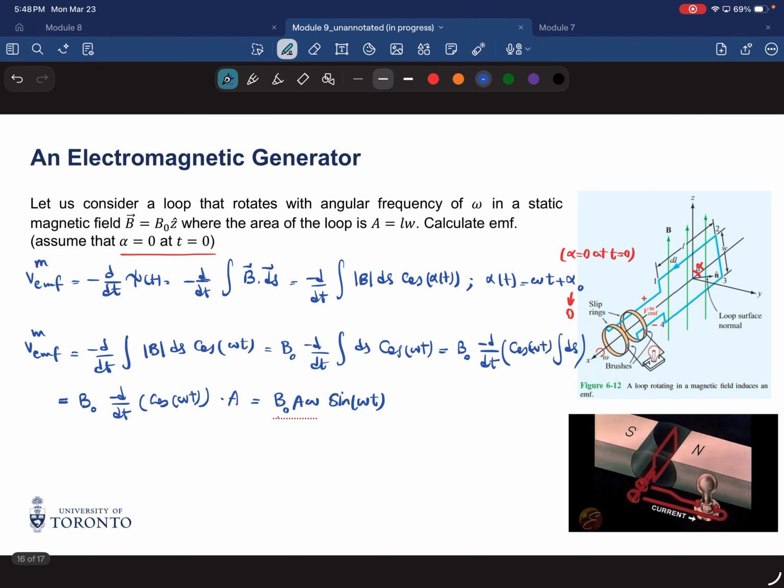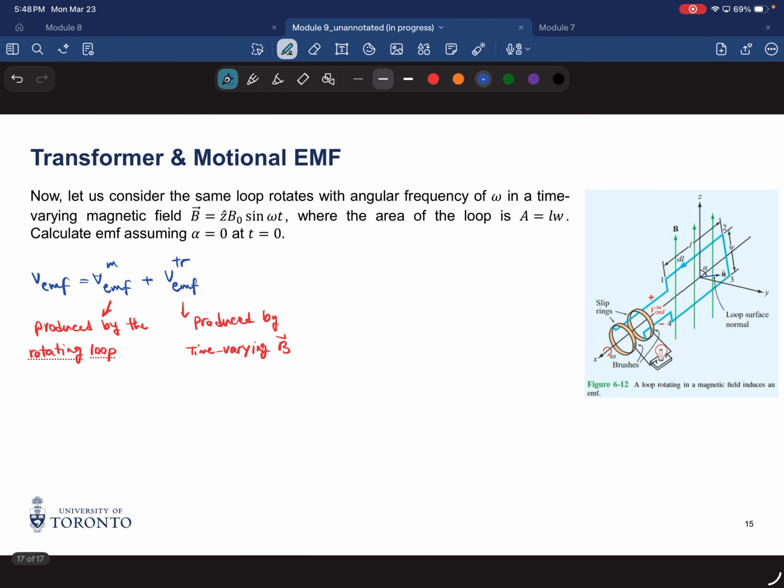Vm M was B naught A omega sine omega t. But this B naught here is not only B naught anymore, it's B naught sine omega t. Vm M is going to be minus d psi over dt. We are going to consider B to be constant when we are calculating the motional emf, and the only thing that is changing with time is the angle.